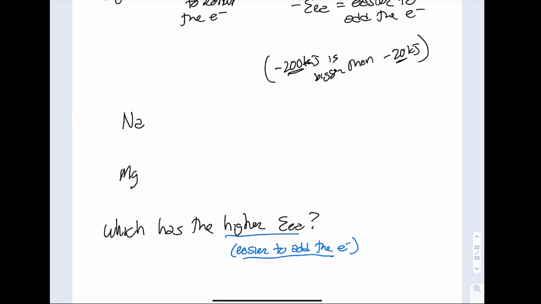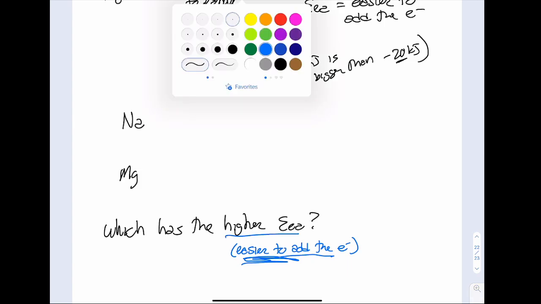Write that down for yourself, like have scrap paper if it's on Canvas and write that. Because if I ask the question, which has the higher ionization energy, I'm asking which is more difficult to remove. So higher ionization energy, difficult. Higher electron affinity energy, easier. Just be really careful. So if you have to write yourself this little note so you kind of know what you're looking at, please do that.